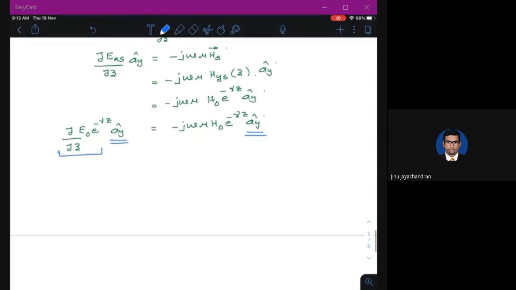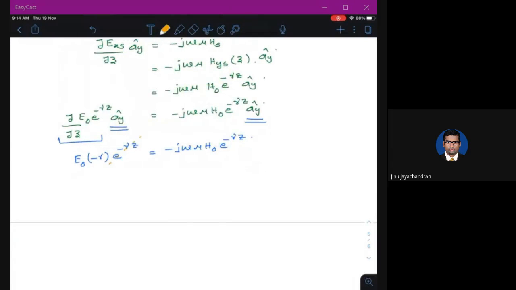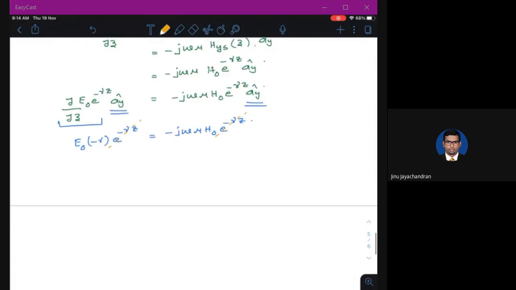So when you differentiate with respect to Z, it is E0 into minus gamma e raised to minus gamma Z is equal to minus j omega mu H0 e raised to minus gamma Z. Now e raised to minus gamma Z is there in both left hand side and right hand side. It will get cancelled out. Let's take the value of E0 by H0.